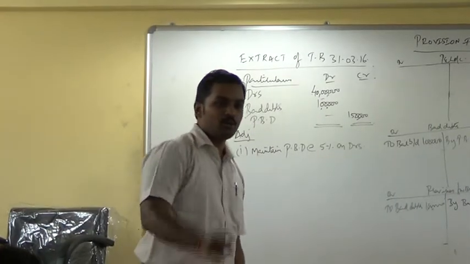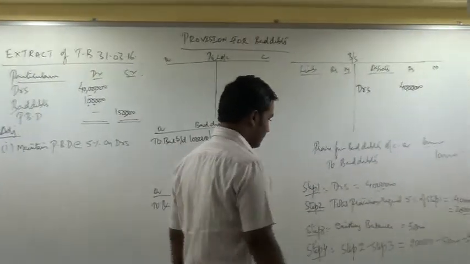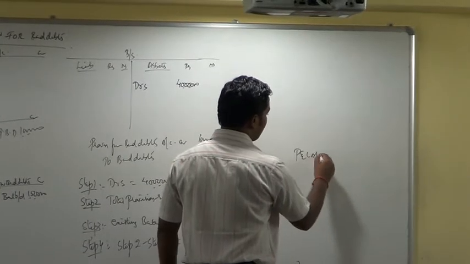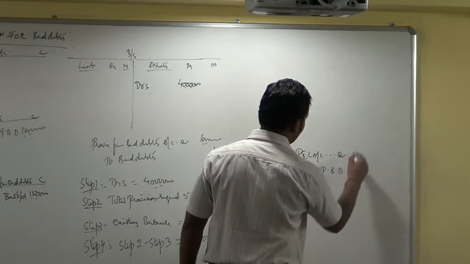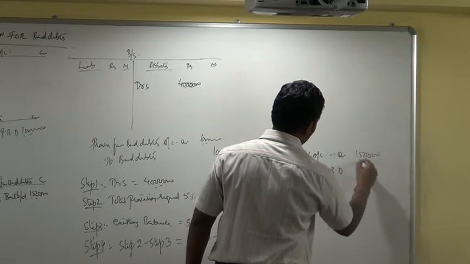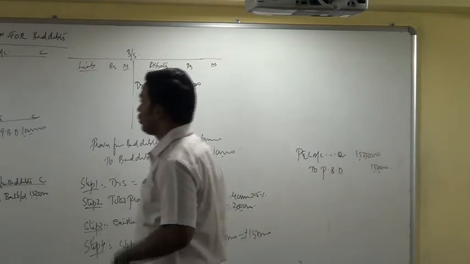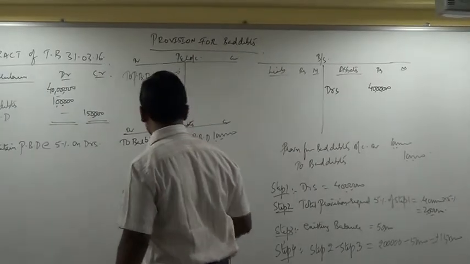What is the entry we are going to pass? Profit and loss account debtor to provision for bad debts. Pass an entry: P&L account debtor to provision for bad debts account 1 lakh 50,000. Now go to the P&L account. You write here to provision for bad debts 1 lakh 50,000.